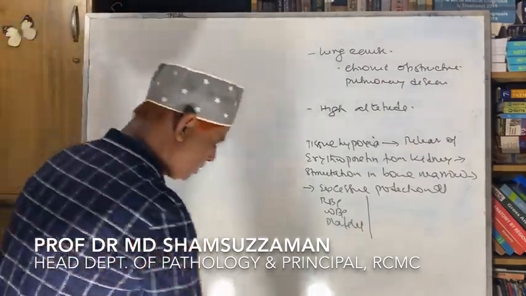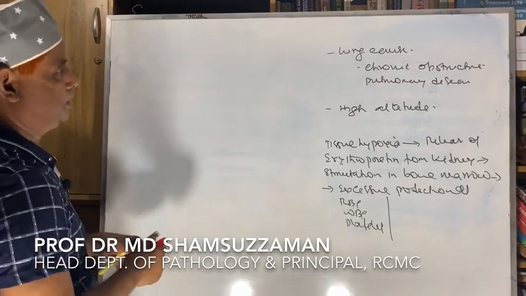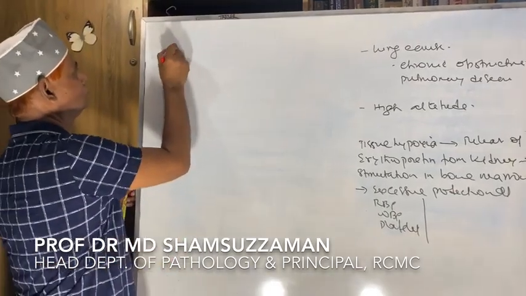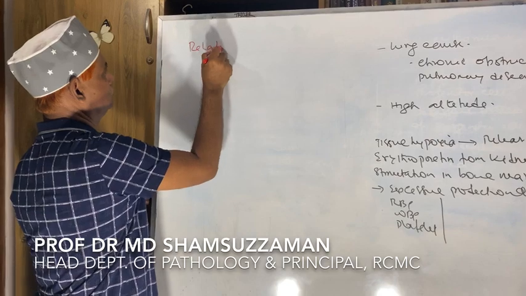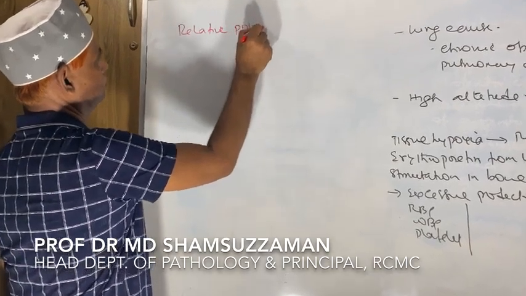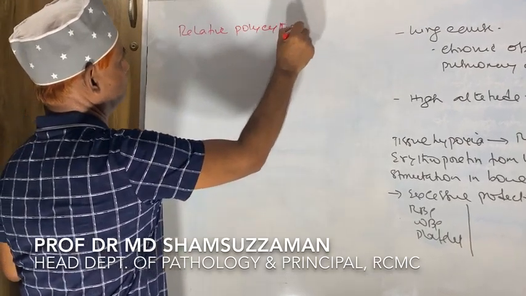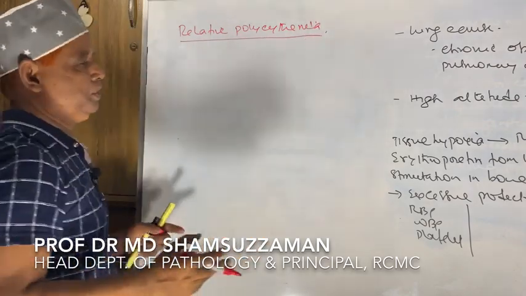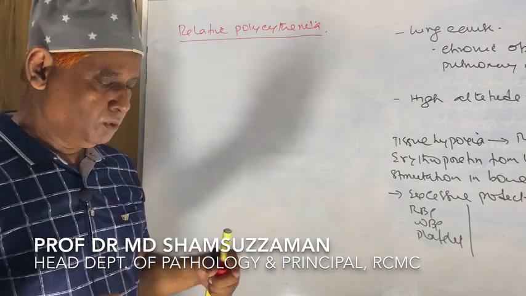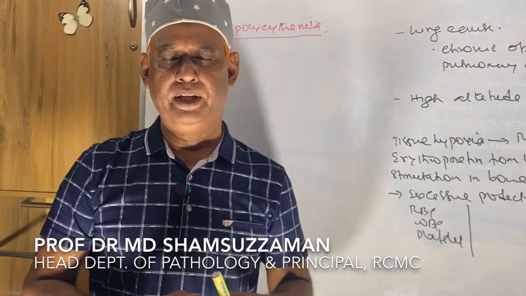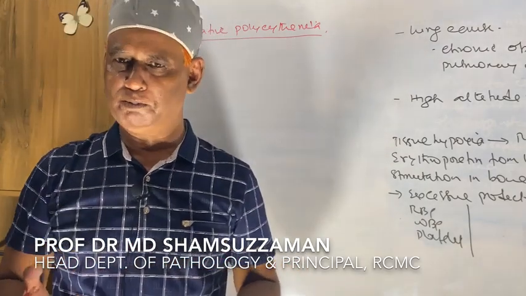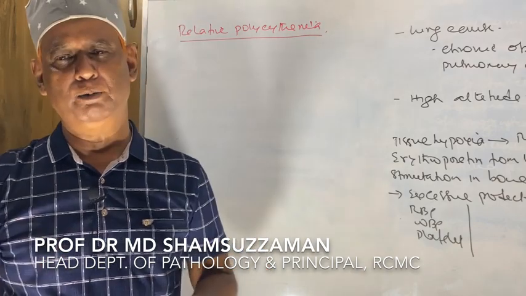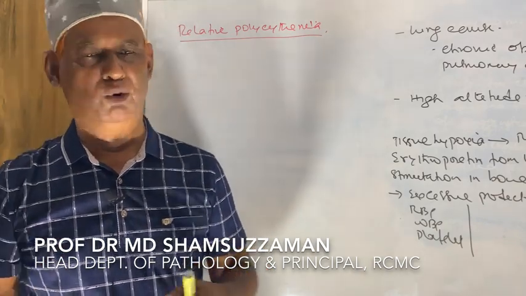Now come to relative polycythemia. Dear audience, again we recall, in true polycythemia, there is either uncontrolled proliferation or excessive proliferation of progenitor cell in bone marrow.